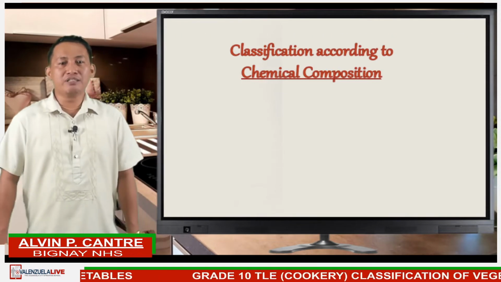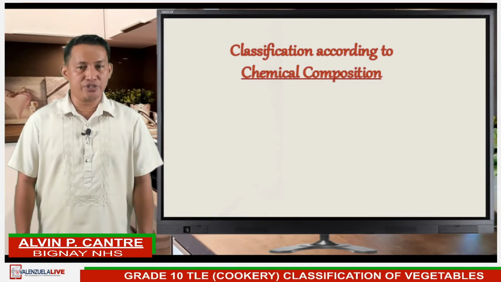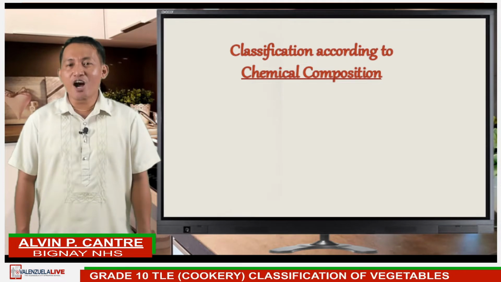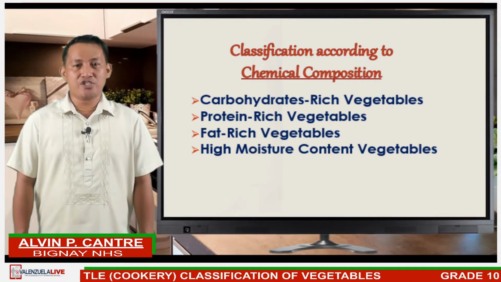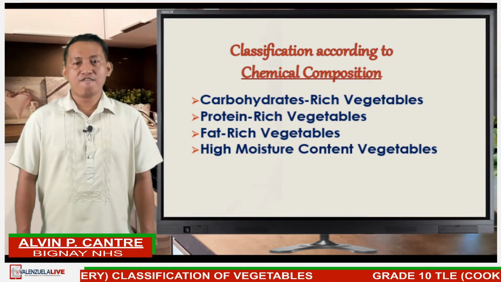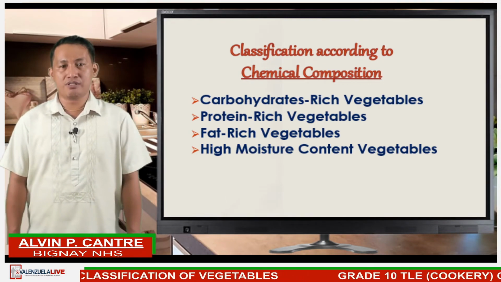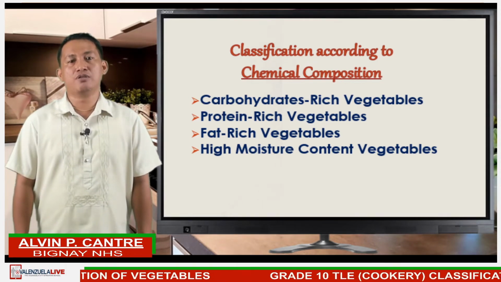Now, let us move to the second classification, which is according to chemical composition. And under here are the following: carbohydrate-rich vegetables, protein-rich vegetables, fat-rich vegetables, and high moisture content vegetables.